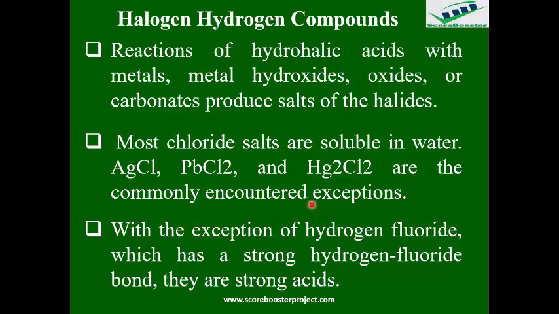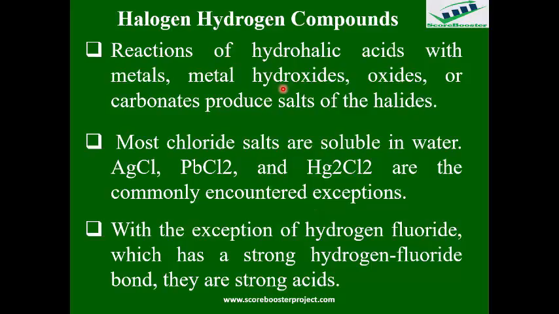What we are trying to say is this: when you have HCl now, you react with a metal, like let's say sodium, you are going to have salt of the halide. You have sodium chloride. The hydrogen will be liberated as a gas.